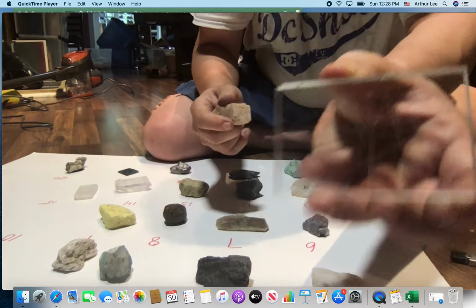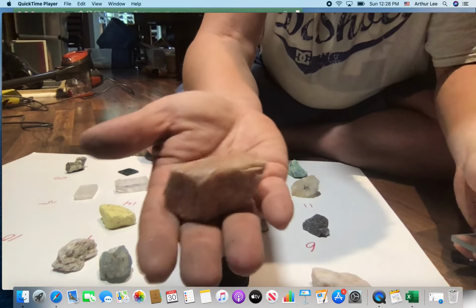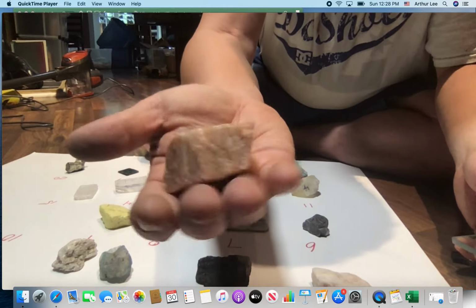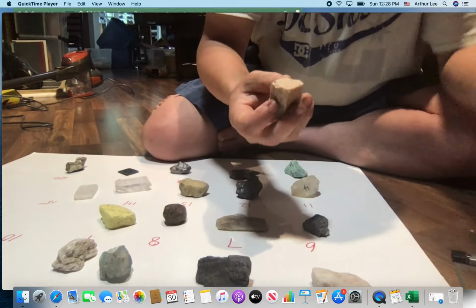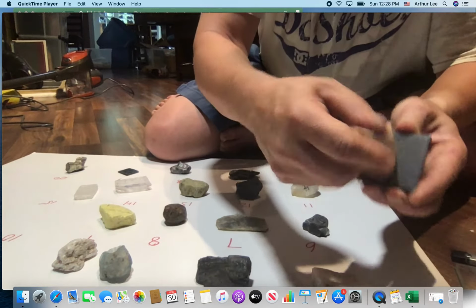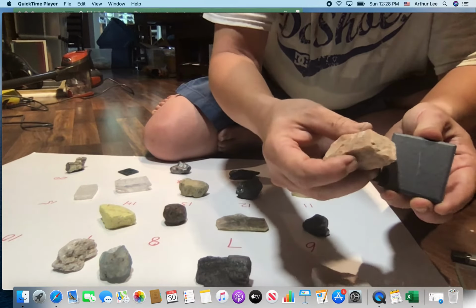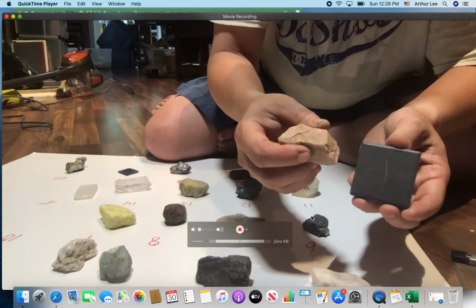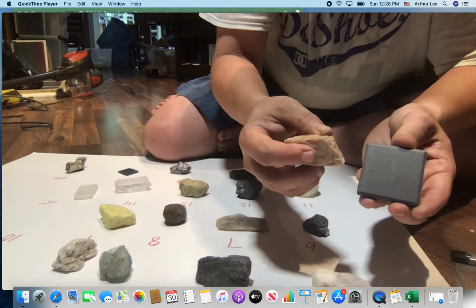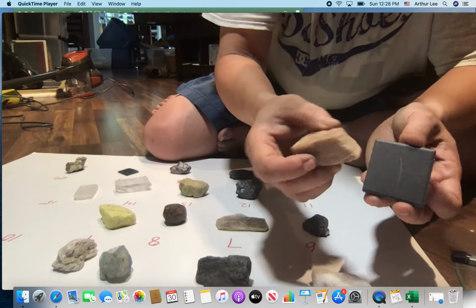It scratches glass. Does light pass through it? Notice that if I rub it against a plate, it gives a white streak. And that's a big hint because metallic minerals leave dark colored streaks. Non-metallic minerals leave light colored streaks.